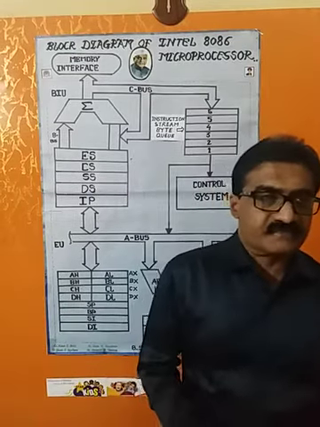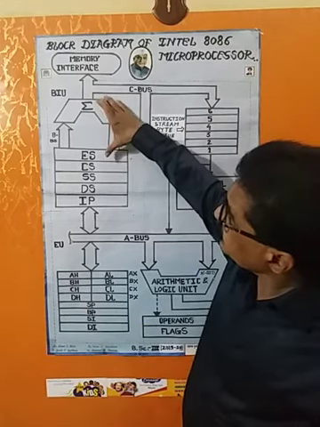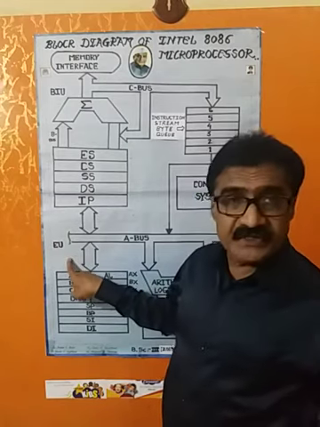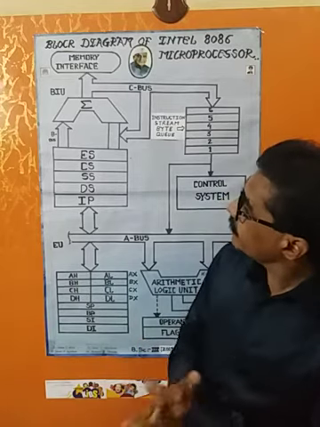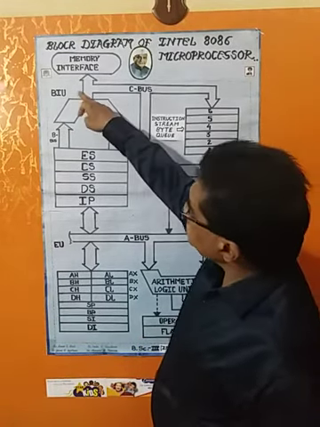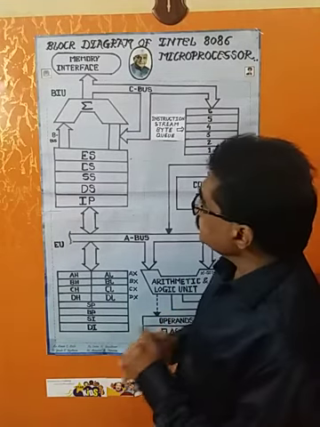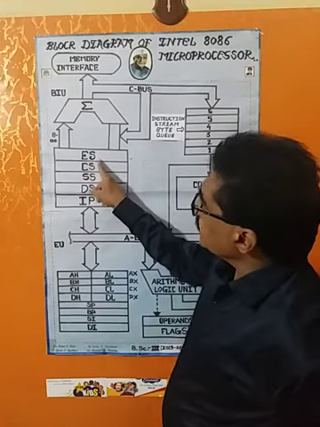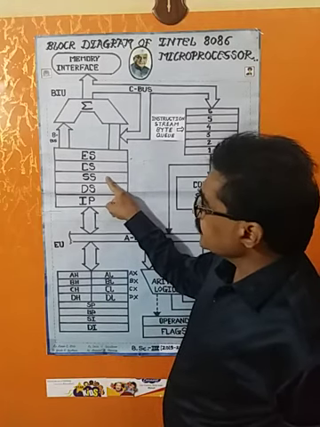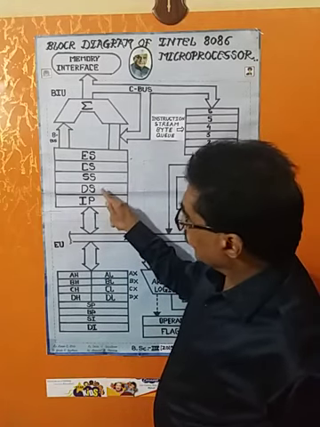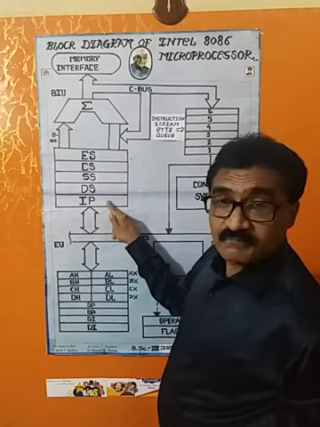This 8086 consists of 2 major units, BIU and EU, and they operate asynchronously. The BIU consists of 4 segment registers, that is the extra segment register ES, code segment register CS, stack segment register SS, data segment register DS, and the instruction pointer.